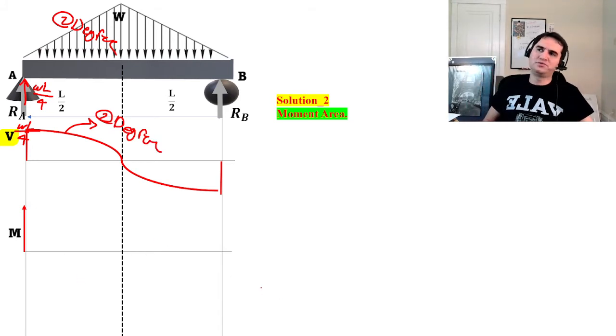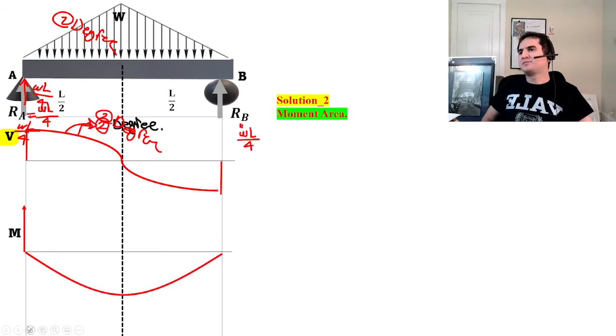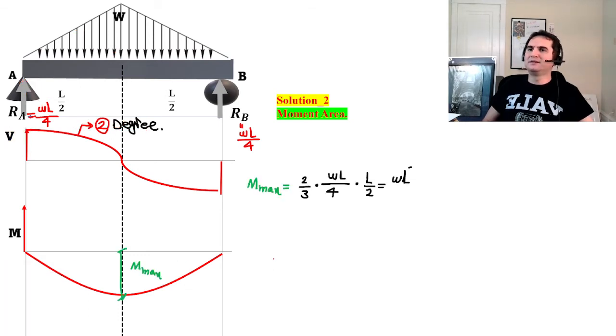And if you want to draw the moment diagram, let's make it a bit cleaner. M maximum over here is the area under shear.